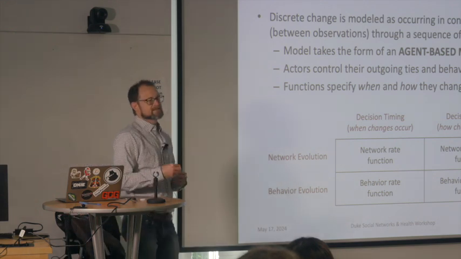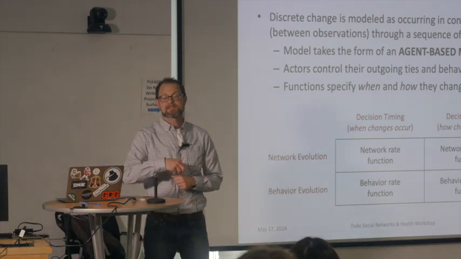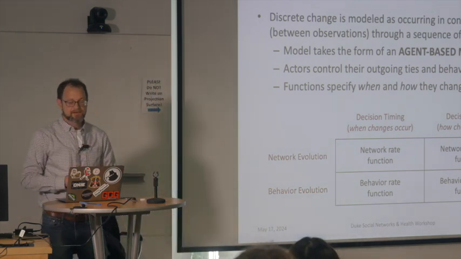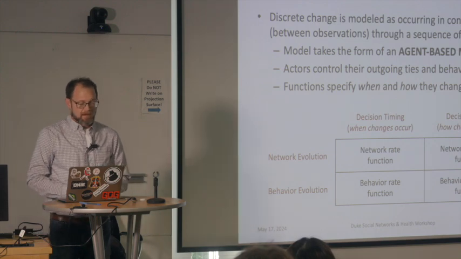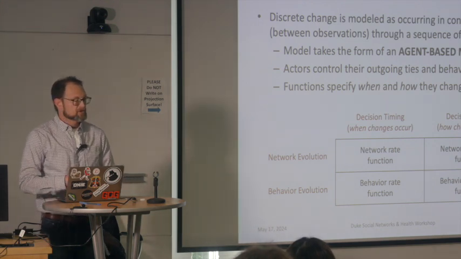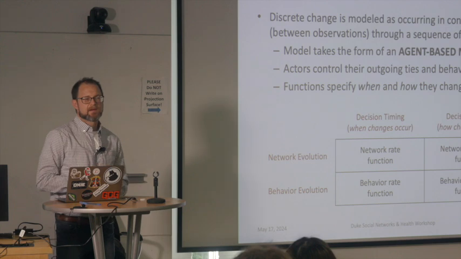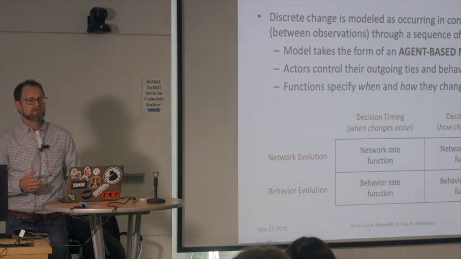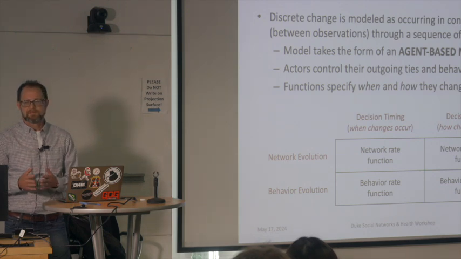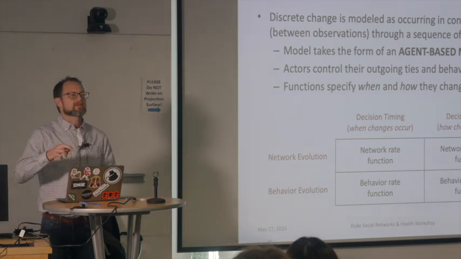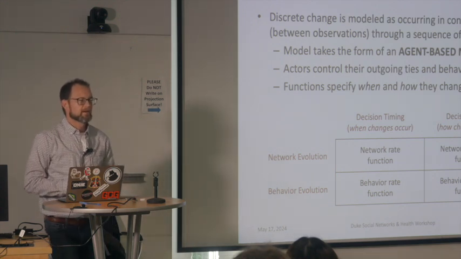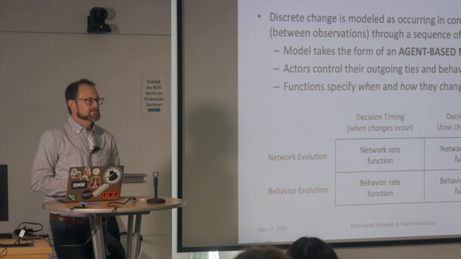One of the assumptions is that actors control their outgoing ties. Okay, so I control who I say is my friend, or who I say I get advice from. Actors also control their behavior. So this kind of data or model really wouldn't be appropriate for, well, there's a variation that does allow for some bilateral kinds of things.